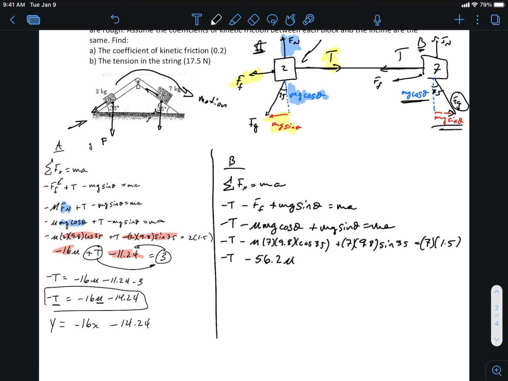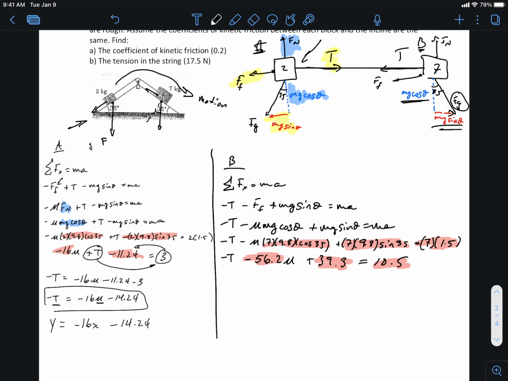And then positive, okay, you can see where all this came from. This goes to there, the 56.2. This all here will be the 39.3, and this is the 10.5. And you just clean it up the exact same way we did before, okay?